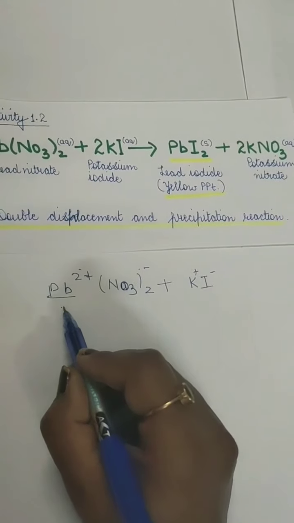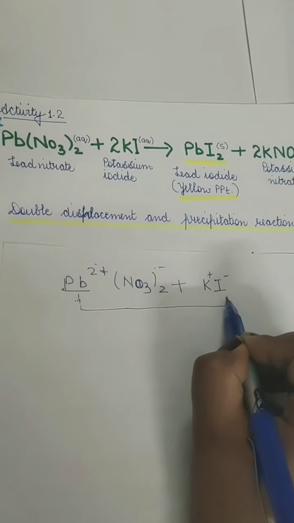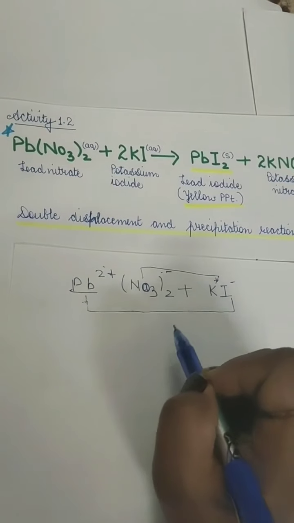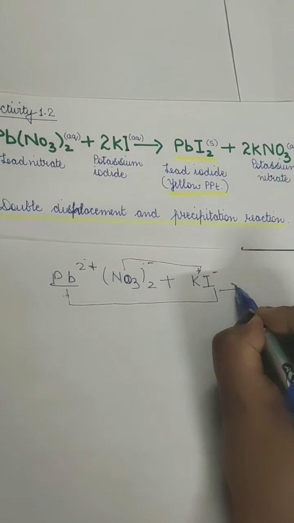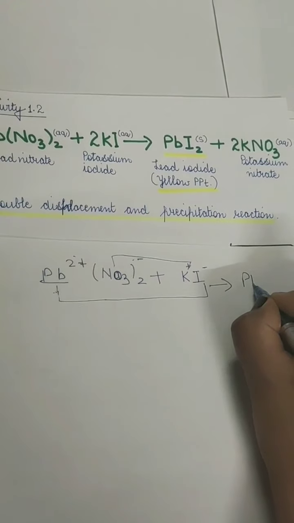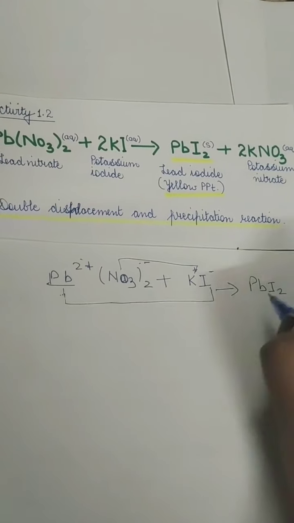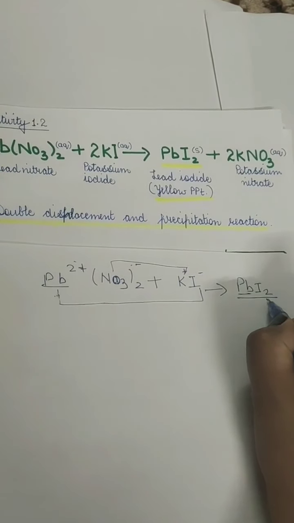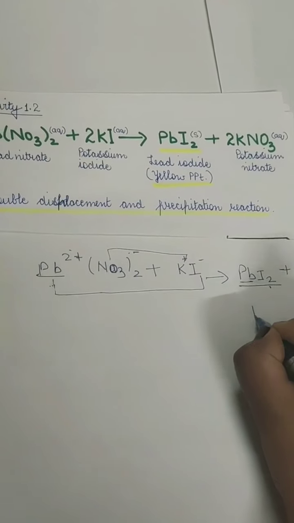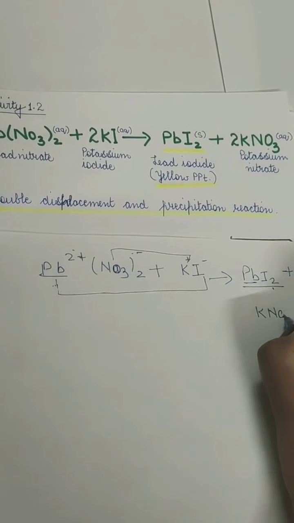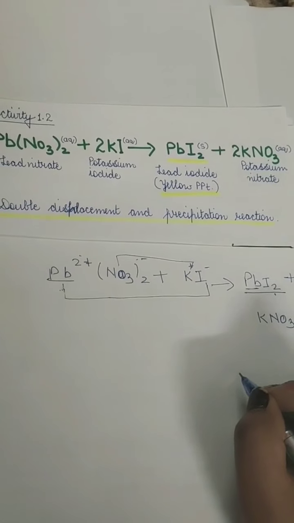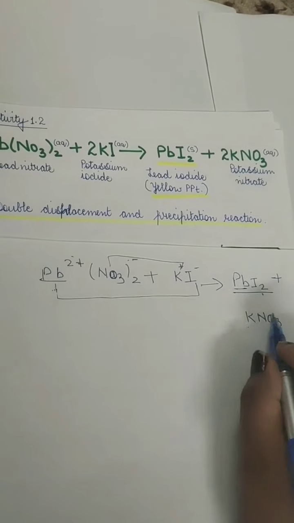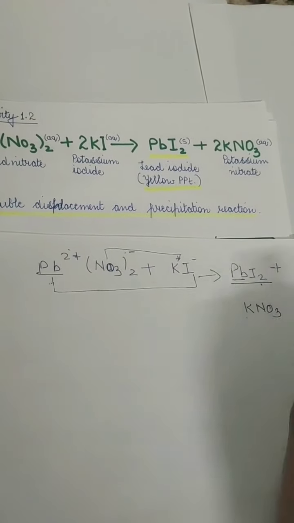So this lead will combine with this iodine and this nitrate will combine with this potassium, forming lead iodide. Because lead has valency 2, here it is 2 plus. Then potassium nitrate: nitrate has valency 1 and potassium has valency 1, so there is no other formula. It is basically 1 and 1.